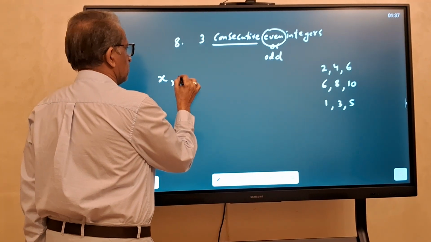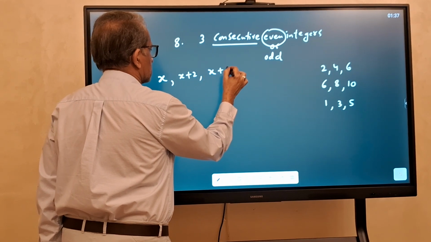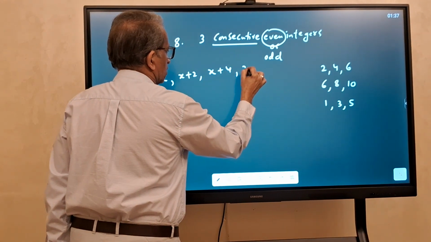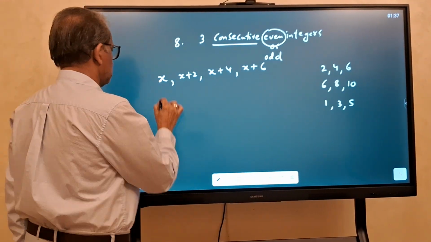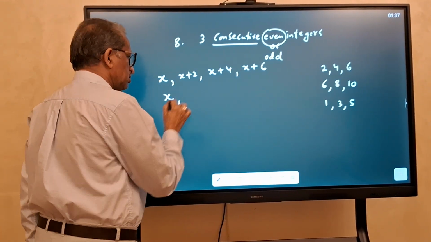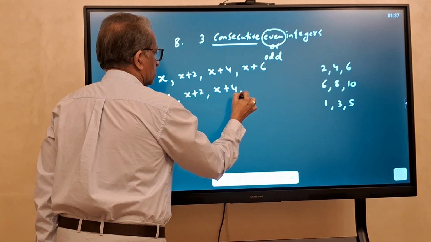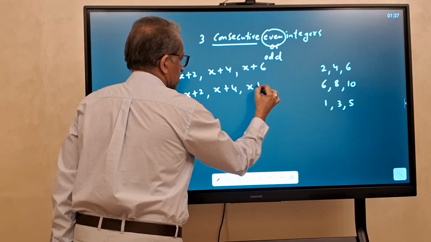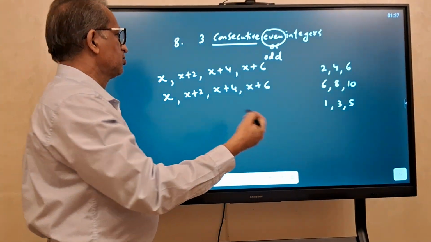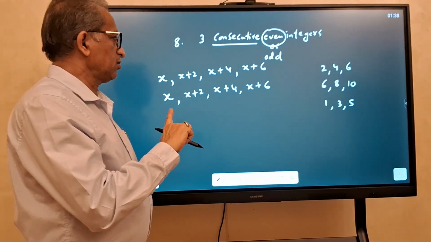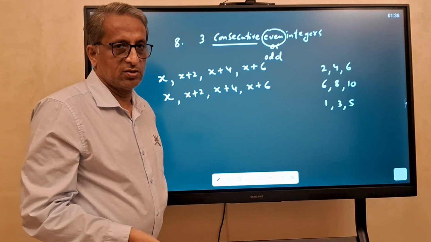Then the next even integer will be x plus 2, the next x plus 4, and if it is 4 integers, x plus 6. If it is odd, start with x as odd. The next odd will be x plus 2, then x plus 4. If it is 4, just add one more. In both cases, you are going to increase by 2. So consecutive means increase by 1, and for odd or even you increase by 2.